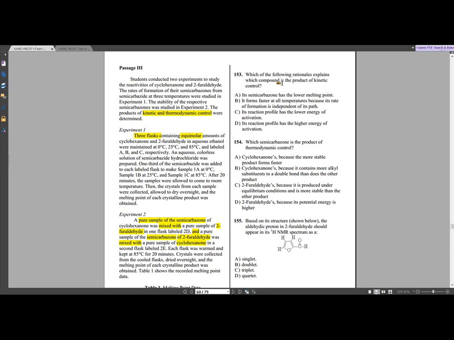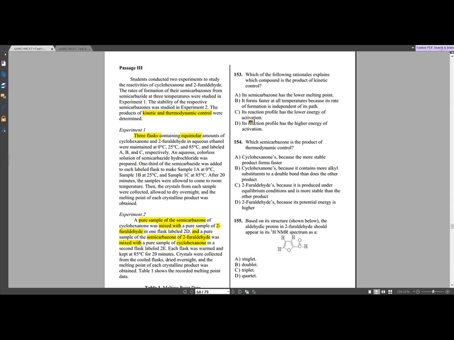Explains which compound is the product of kinetic control. I'm not sure what compound it's talking about. Which of the following explains which compound? So which differentiates between the kinetic compound versus the thermodynamic compound? Kinetic, high energy activation.